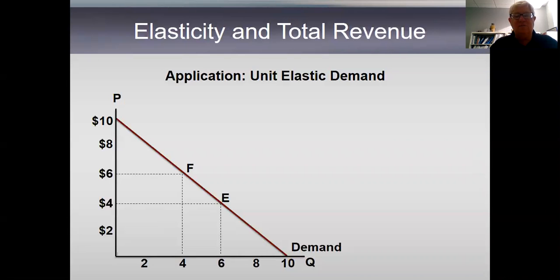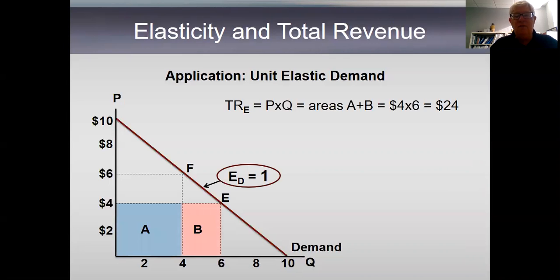So let's think about this using that same demand curve we had before. In the areas that you've got A and B, at point E, we're in the area where we are inelastic. So the total revenue is equal to the price times the quantity. We've got 4 times 6 is 24.